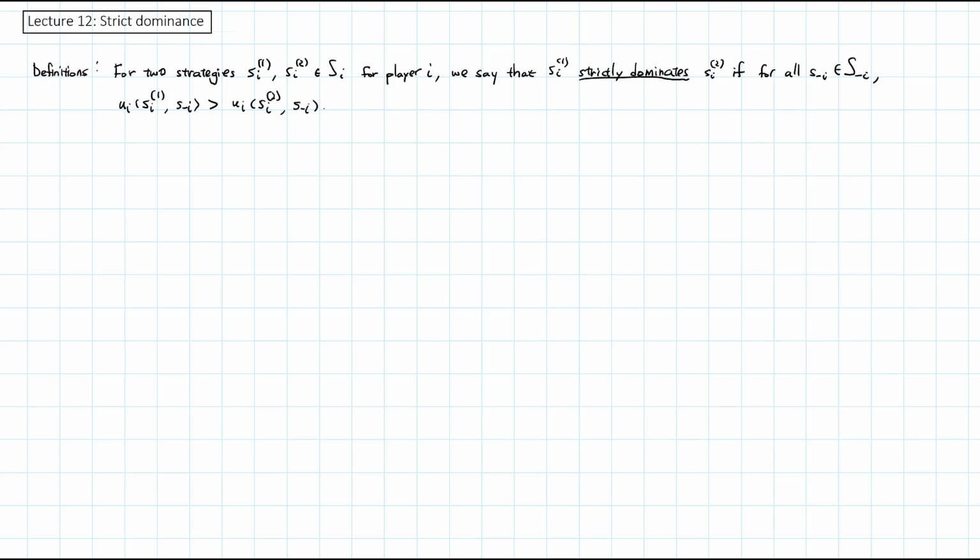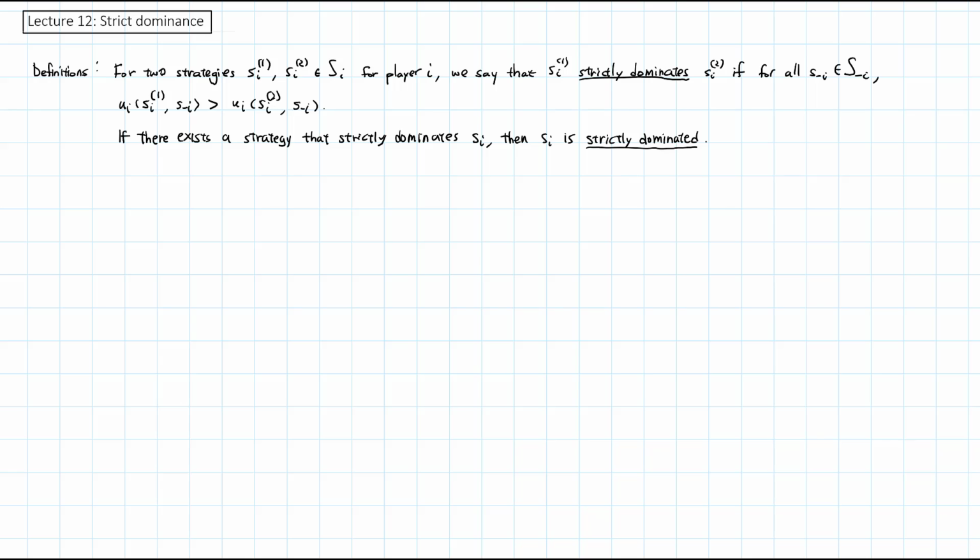This means that the utility of player I for playing SI1 is strictly better than the utility for playing SI2, regardless of what the other players have played. Now, if there exists a strategy that strictly dominates SI, then SI is strictly dominated.